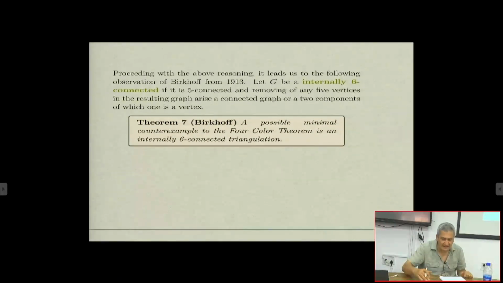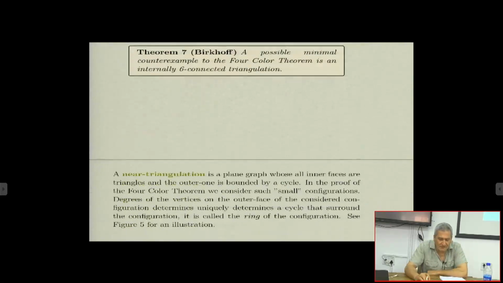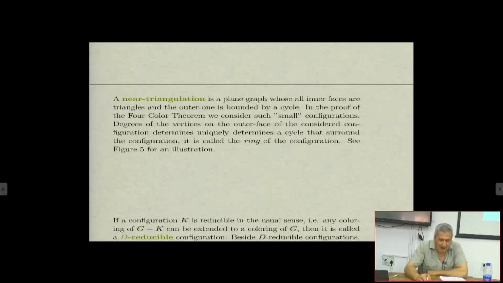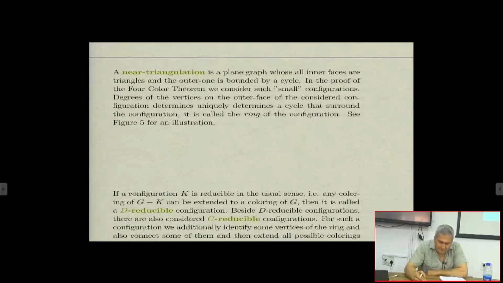And I think Appel and Haken also study C and D reducibility. We have 2 types of reducible configurations. The one is very easy, yes. So which one is easier?